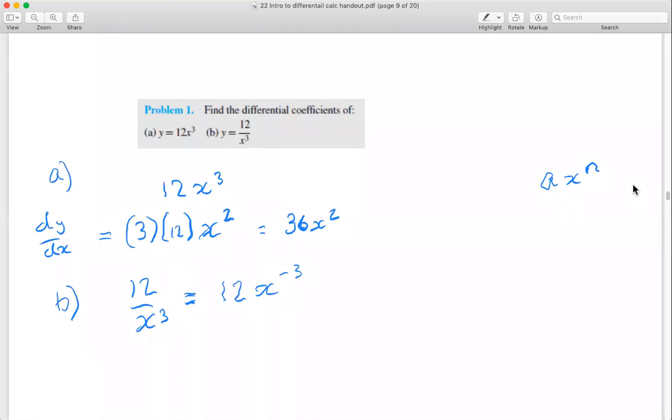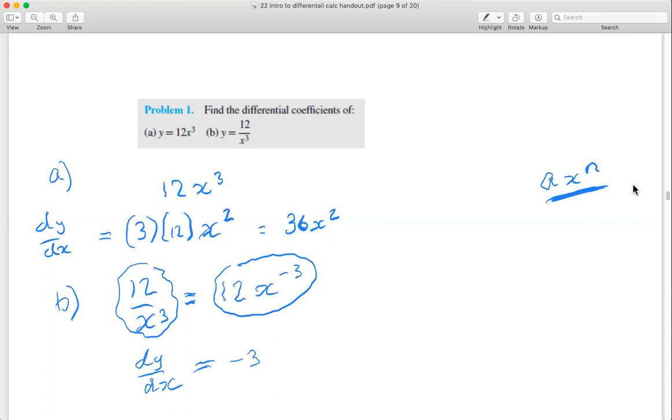Now it looks like a times x to the n. So we've changed this function into this form: we've moved the x to the power 3 up to the top into the numerator and changed the sign of the index. So now we can do the differentiation.